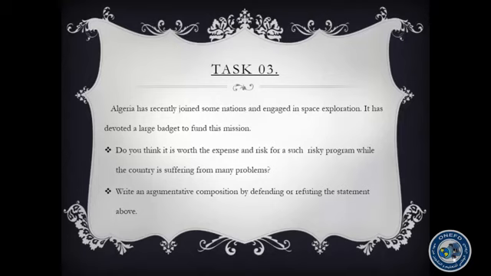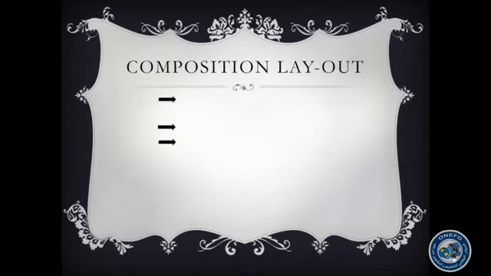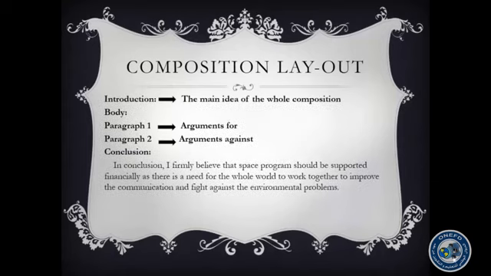So you can organize your ideas or arguments, whether for or against. Before writing you have to organize your composition, so that's why you need a layout. In a composition you have 3 parts: the introduction, the body, and the conclusion. So let's look at the introduction. In the introduction, you generally explain the main idea of the whole composition.